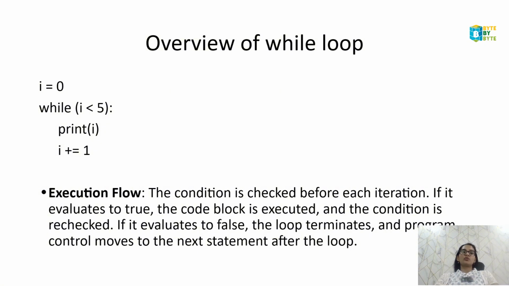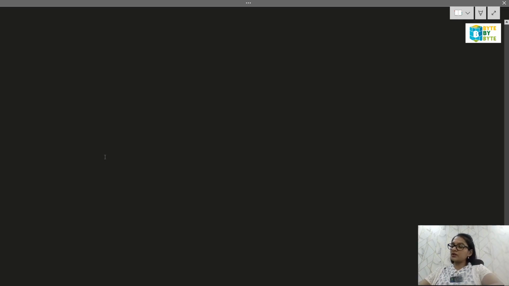The first example is i = 0, while i < 5, print i, and i = i + 1. Now we will see line by line execution of this code, which is also called the dry running of code.